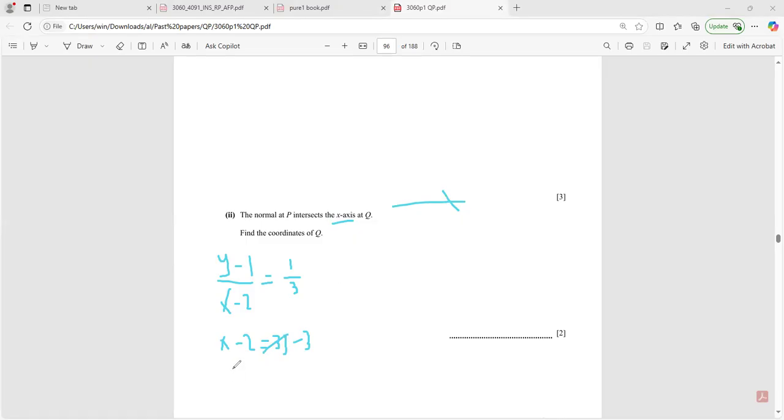So it will be x equal to 2 minus 3, which equals negative 1. So the point would be negative 1, and since it intersects the x-axis, the y equals 0. And we did it. See the next.